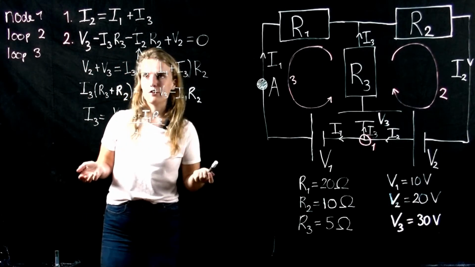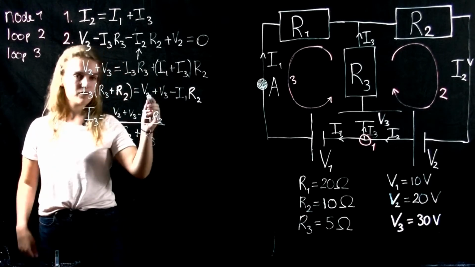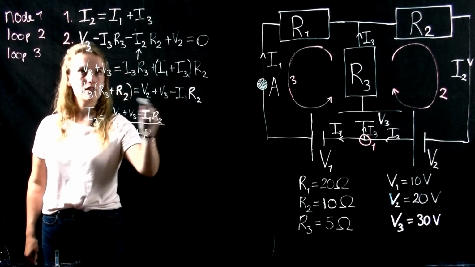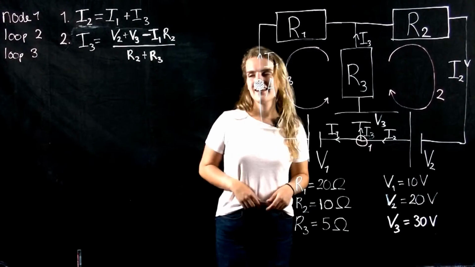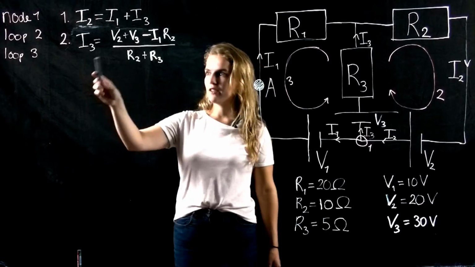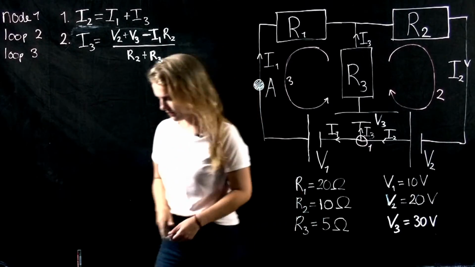Yeah, so now we have the first two equations. Let me give some space to erase this, and then we only leave these two in here. So here I wrote down our equation for I3. And now we can move on to loop number 3.